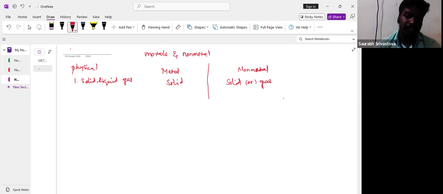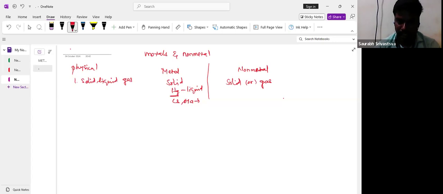Here some metals behave as a liquid. For example, mercury. If you take Hg, it is a liquid. And for some other elements, for example cesium or gallium, Ga, around room temperature, 25 degrees Celsius, it will be in the form of liquid.